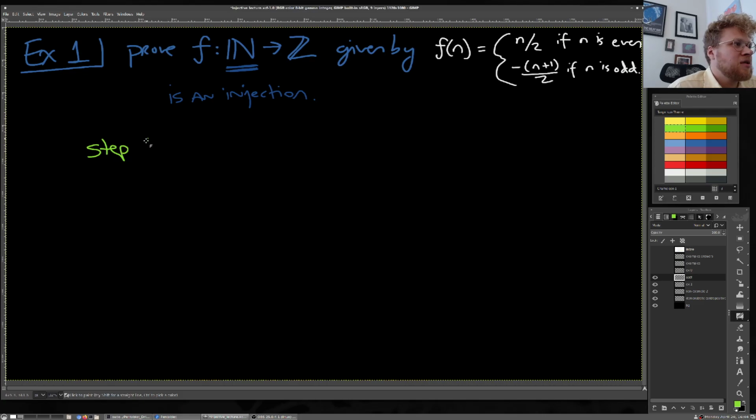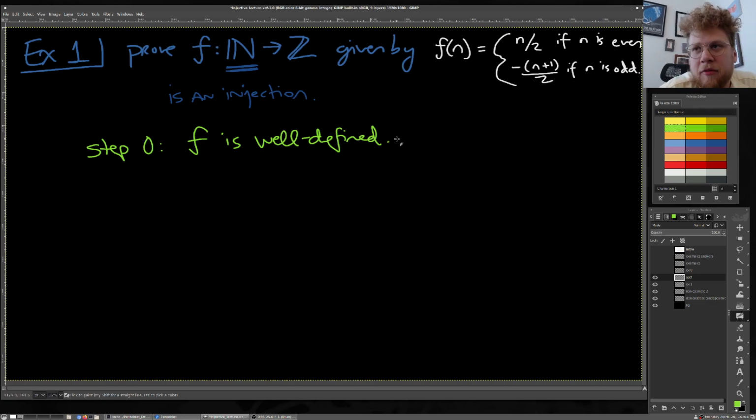So go ahead and call this step 0, I guess. F is well defined. We do need to start there. Let's at least convince ourselves. We don't have to make a formal argument here.